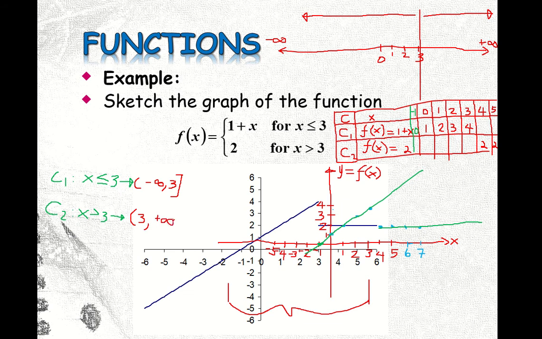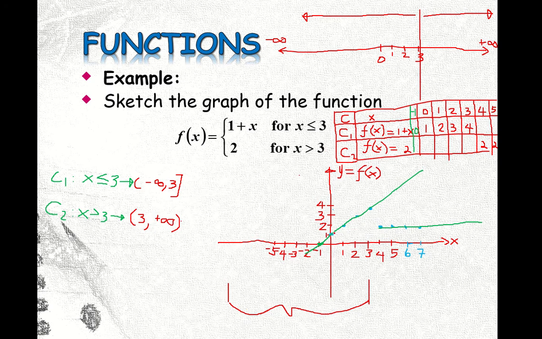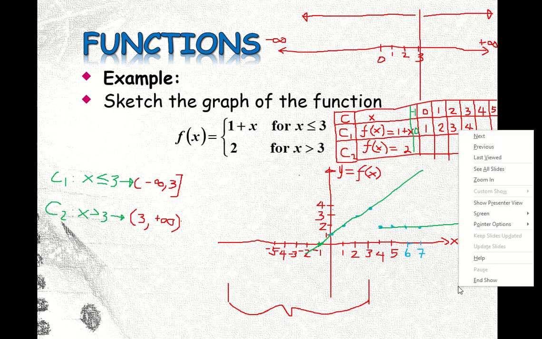So we use the parenthesis symbol for this one because 3 is excluded. So we have x greater than 3, meaning 3 is not included. So that's why here in our graph, 3 is not included.